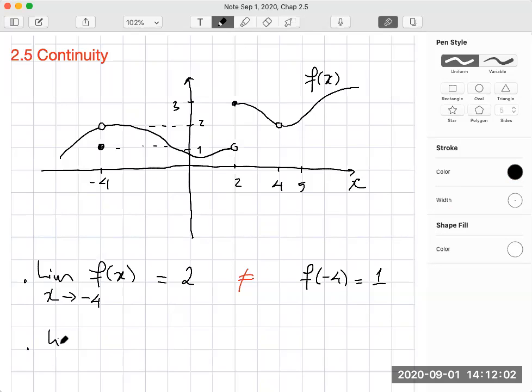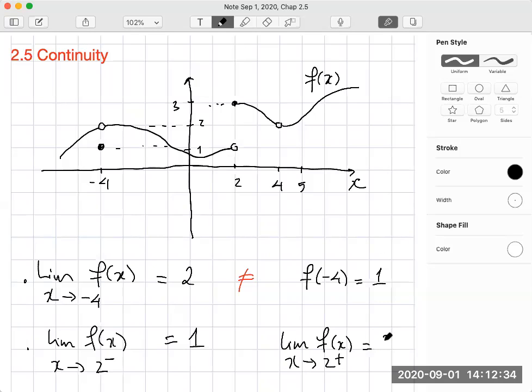So how about the limit of the function f of x when x approaches 2 from the left, 2 minus? Perfect, 1. How about the limit of the function f of x when x approaches 2 plus? 3 here.